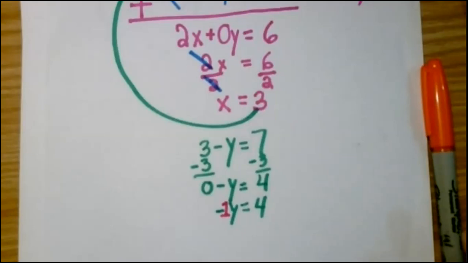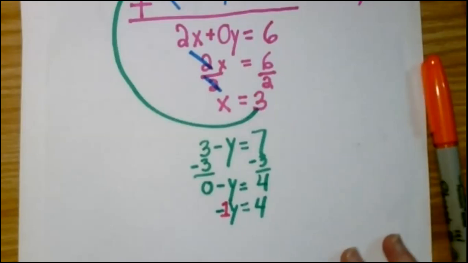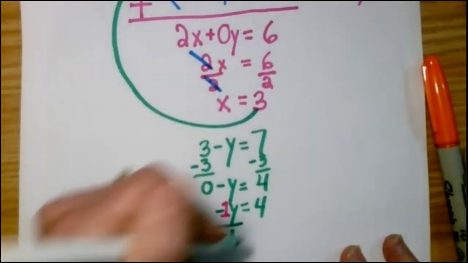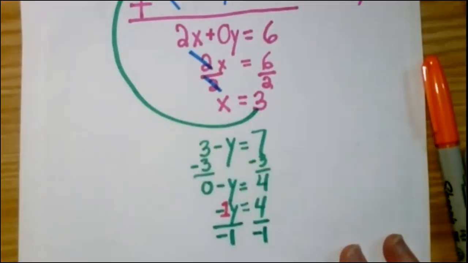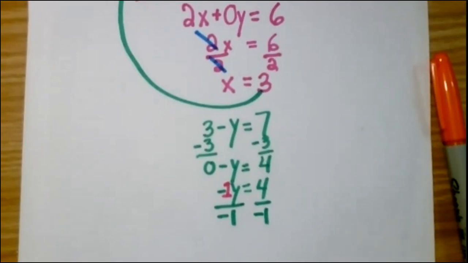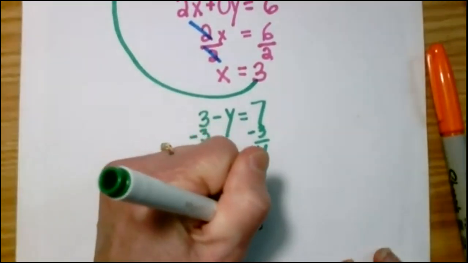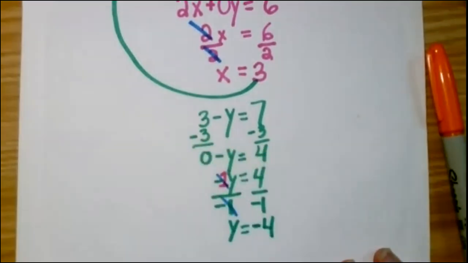So I'm going to multiply by, or in this case divide by, a negative 1 on both sides. That crosses off my 1's, and I'm left with just y equals 4 divided by negative 1, which is negative 4.